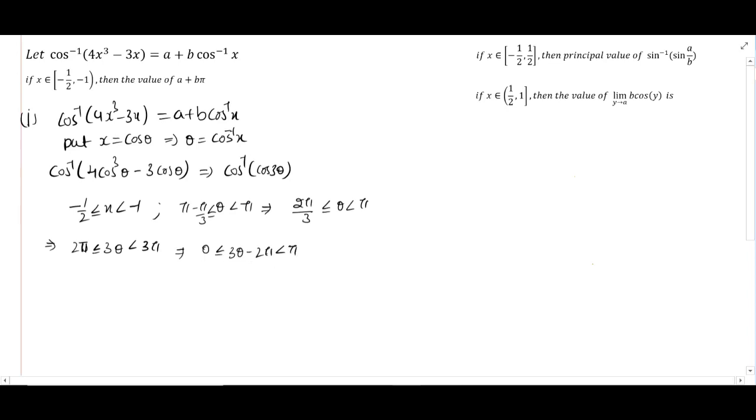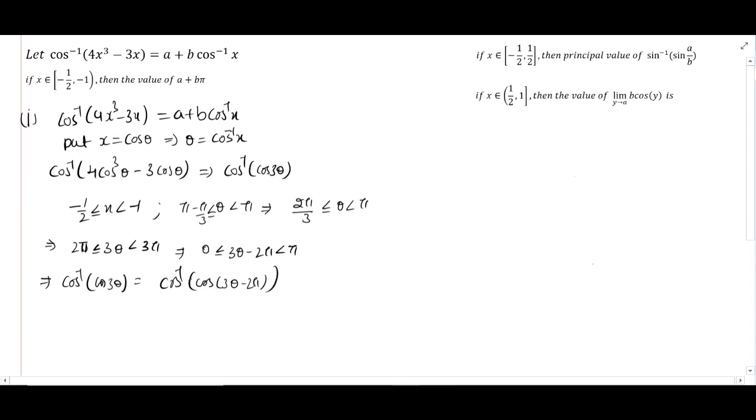So now this is the principal branch of the cos, so I can write cos inverse of cos 3 theta as cos inverse of cos of 3 theta minus 2 pi.